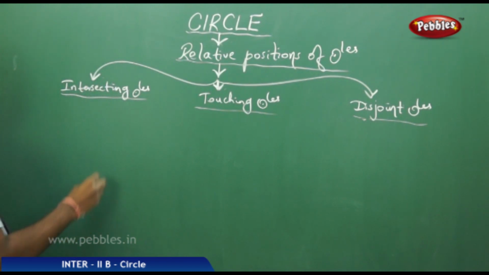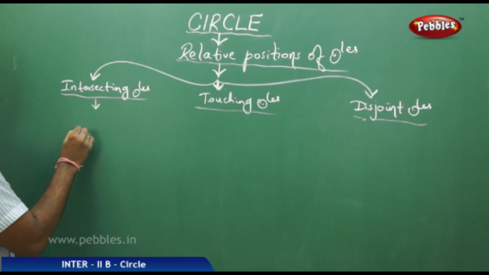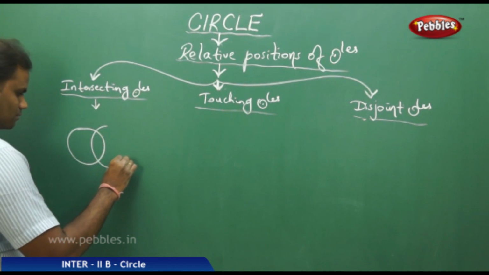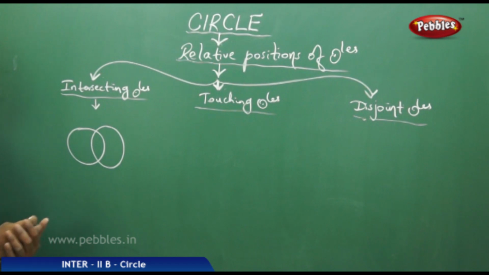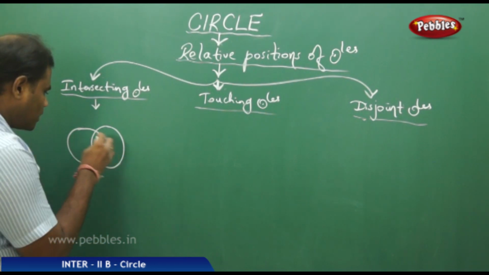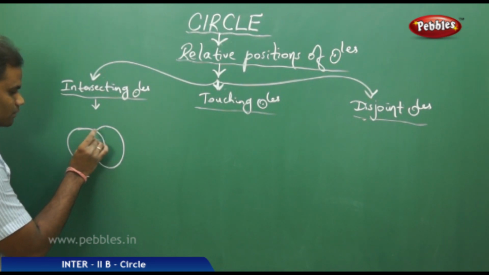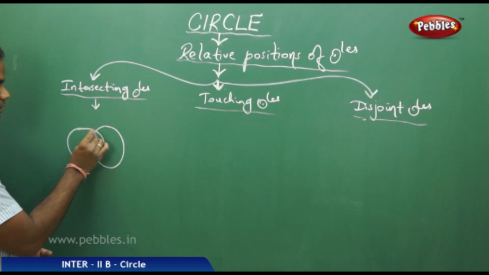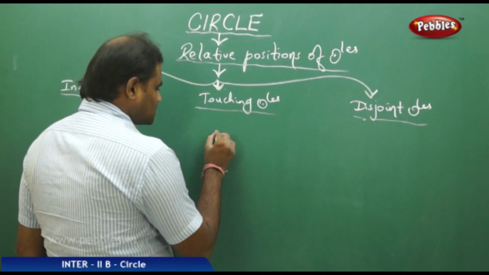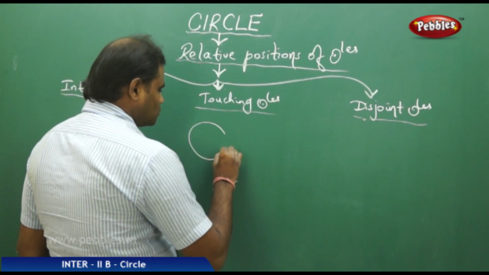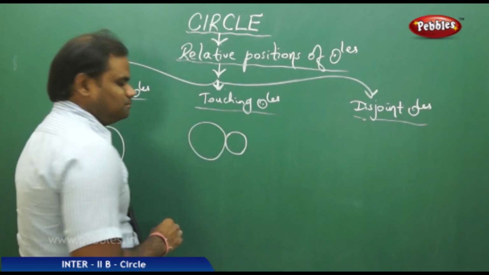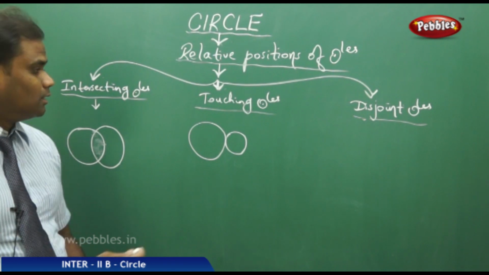Now, as I see the intersecting circles, I see that the two circles are said to be intersecting if they are in this form. They are intersecting circles because they have some overlapping region in between. Therefore, these two are intersecting circles. Now, when I say touching circles, I have the two circles touching each other. This is how we understand.